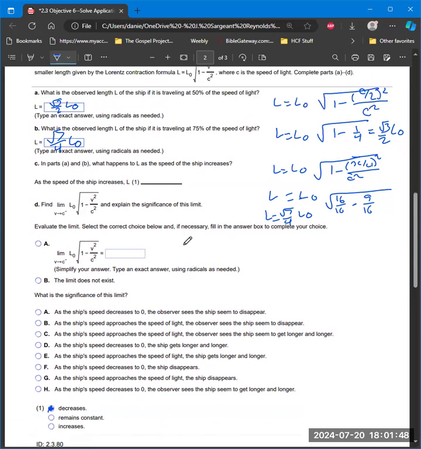All right. And then for D here, find the limit as the velocity approaches C from the left. And we're going to get L naught square root of 1 minus C squared over C squared, which is L naught square root of 1 minus 1, which is L naught square root of 0, which is 0.